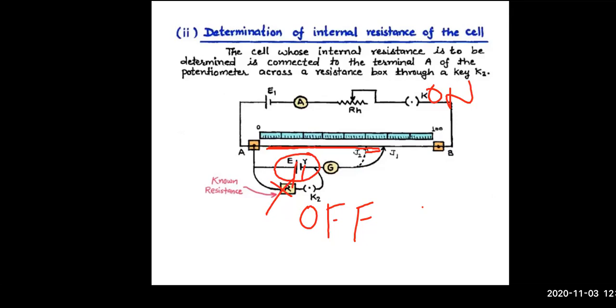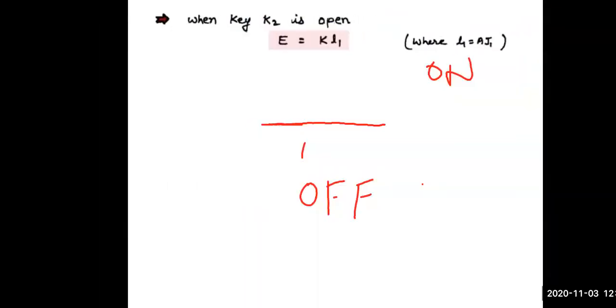So whatever will be the potential at that balance length, that will be equal to the EMF of the cell. Right, children? So let's suppose the balance length is found at jockey position J1 and let the balance length be L1.